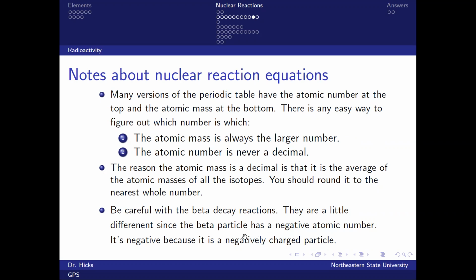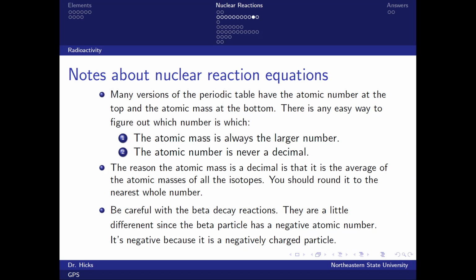And then beta decay is a little bit weird, and that's just because it has a negative number for the atomic number. It's -1, because it's a negatively charged particle, and to balance out the creation of a negatively charged particle, we had to add a proton. And if we add a proton, that would mess up the atomic number.